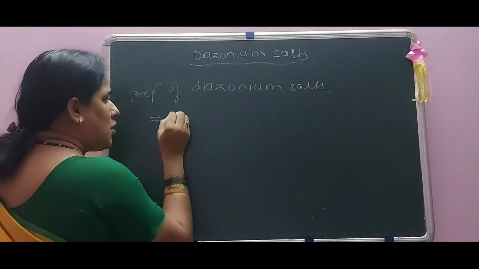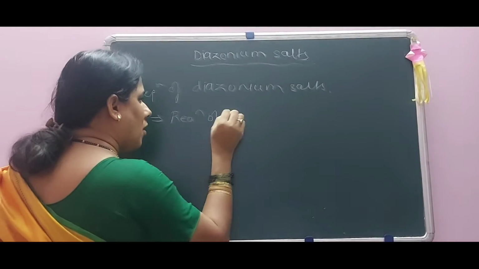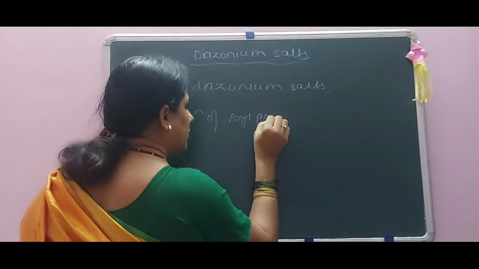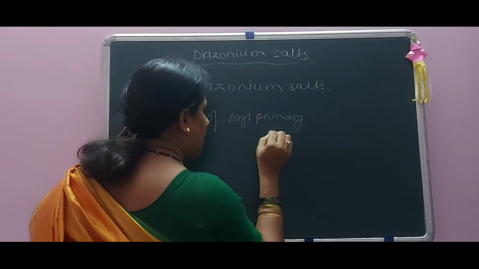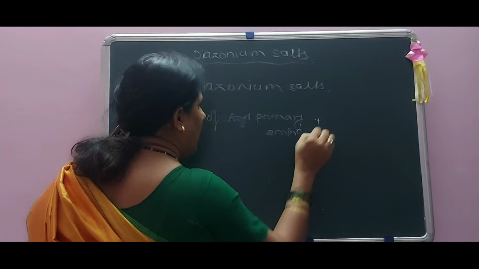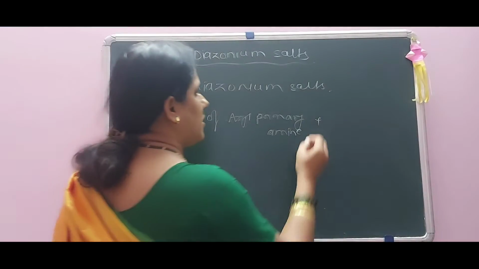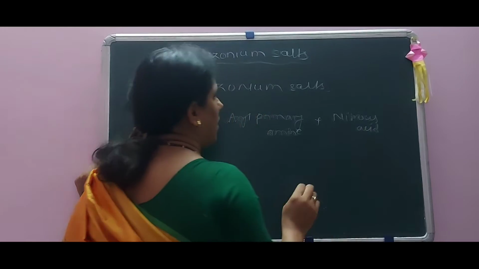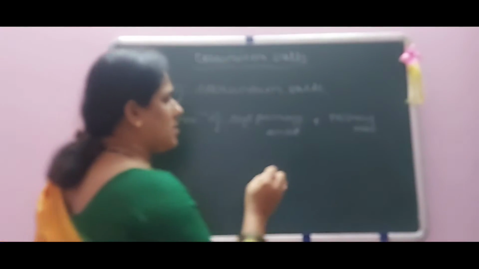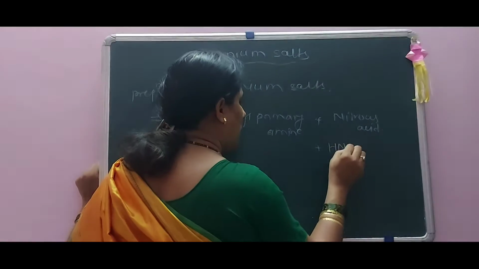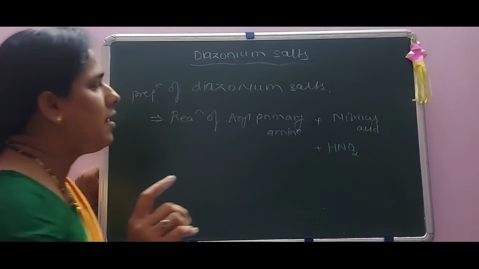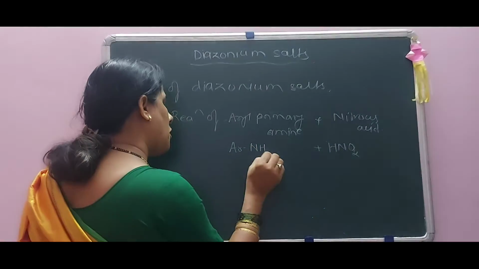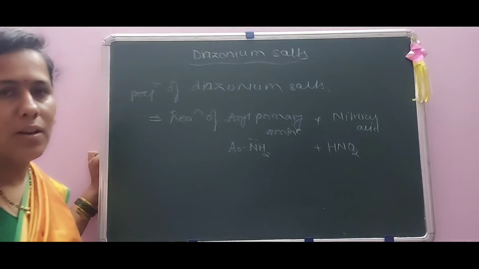First, the reaction of aryl primary amine with nitrous acid. And you very well know the formula for nitrous acid, that is HNO2. Okay, and aryl primary amine means what? That is ArNH2. Okay, got it here?